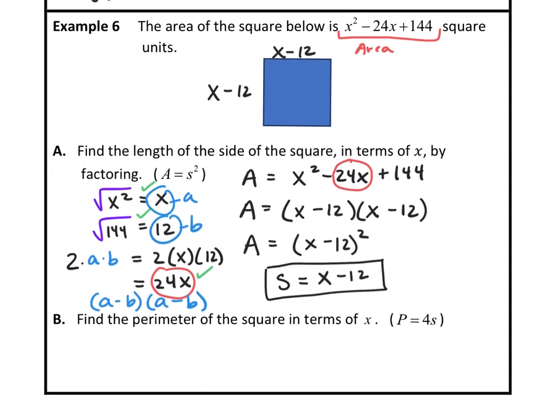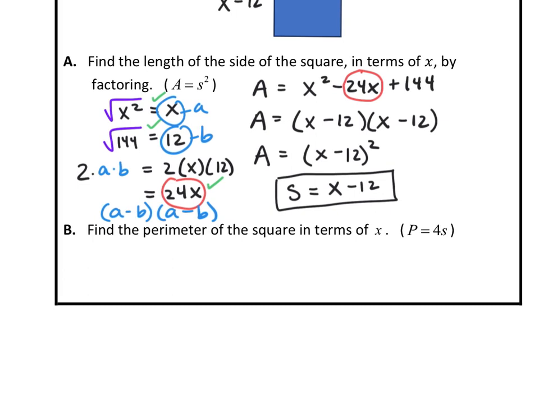Right. Okay. And so then part B is asking you to find the perimeter. So they gave us the formula for the perimeter from geometry. And so it's going to be P equals 4 times S. But I already know that S from part A is x minus 12.